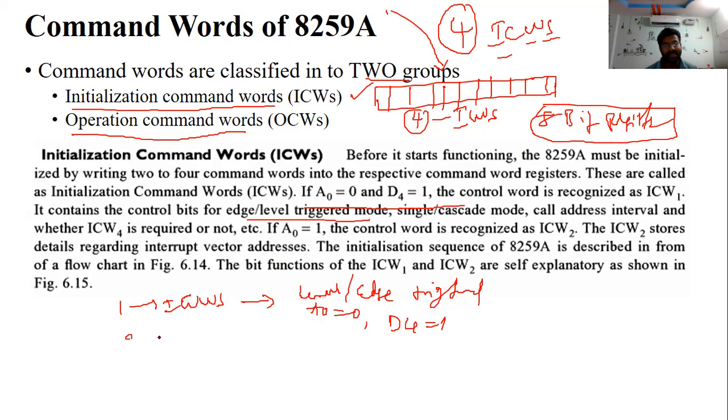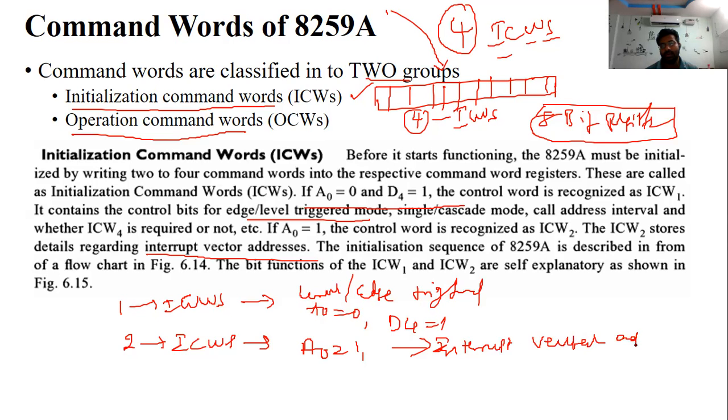Then the second ICW is A0 equal to 1, and it is used for the interrupt vector address. Similarly, we have the third ICW, and then the fourth one is also there.